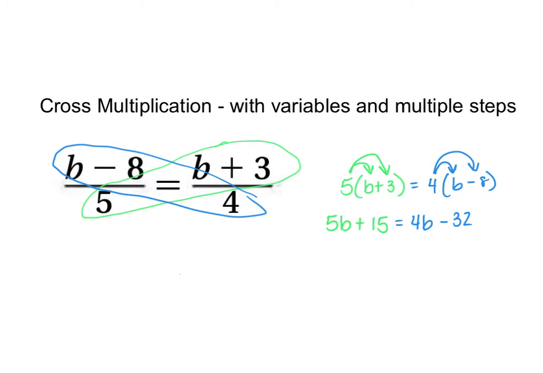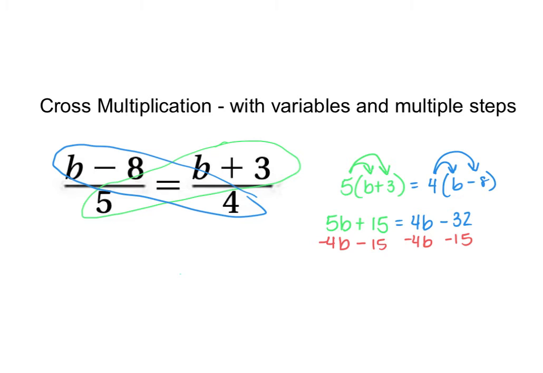From here, all we have to do is now simplify. So we're going to subtract 4b from both sides, and we're also going to subtract 15 from both sides. Okay? What cancels?